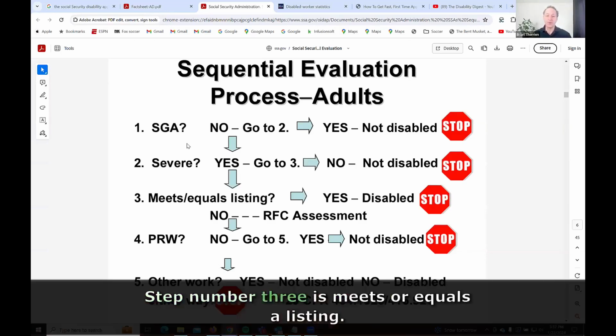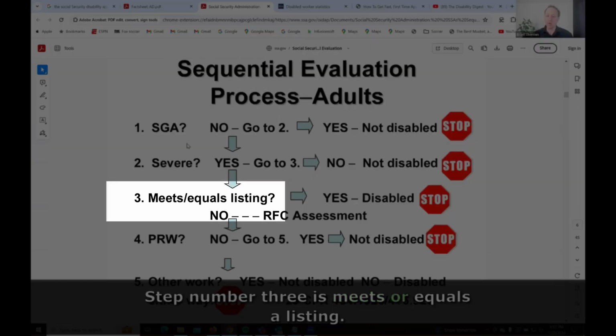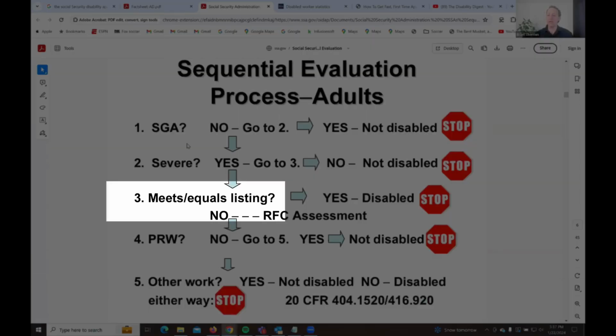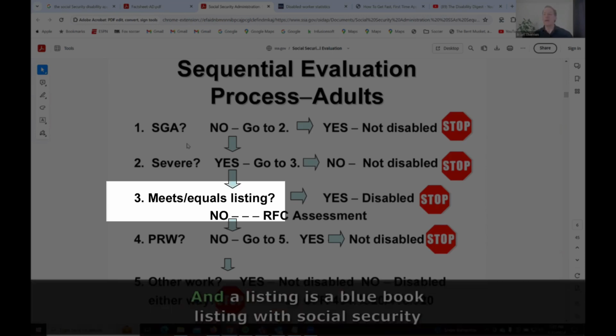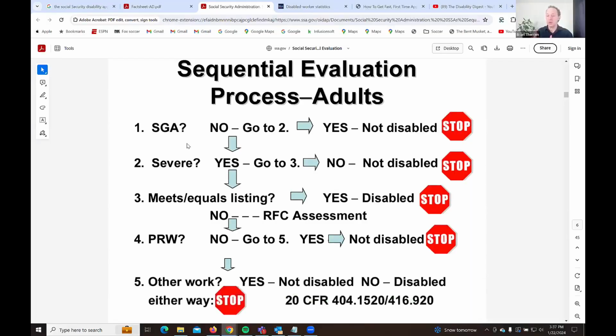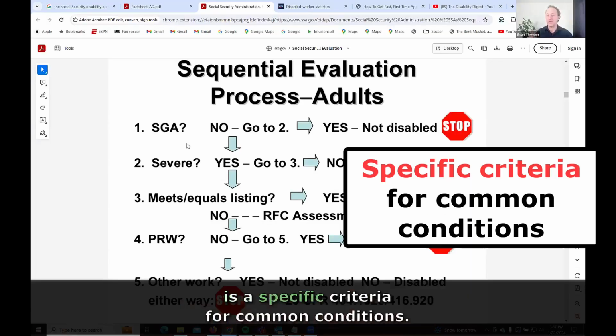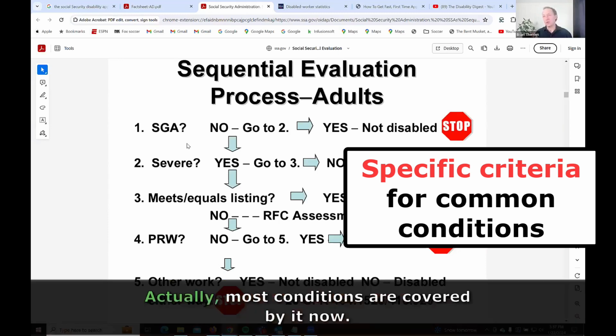Step number 3 is meets or equals a listing. A listing, a blue book listing with Social Security, is a specific set of criteria for common conditions. Actually, most conditions are covered by it now.